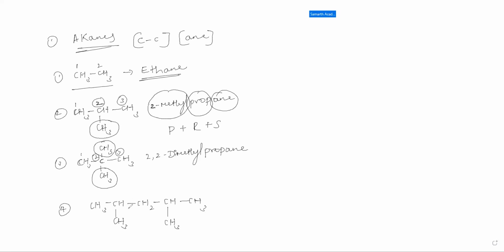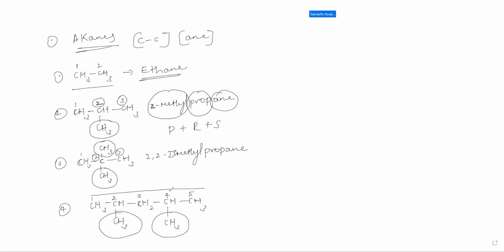Coming to this compound, the longest carbon chain is this one. The numbering starts from here: 1, 2, 3, 4, 5. These are substituent groups, which come under prefix.